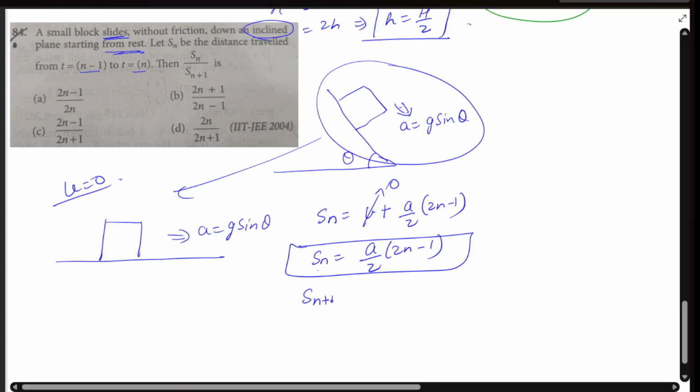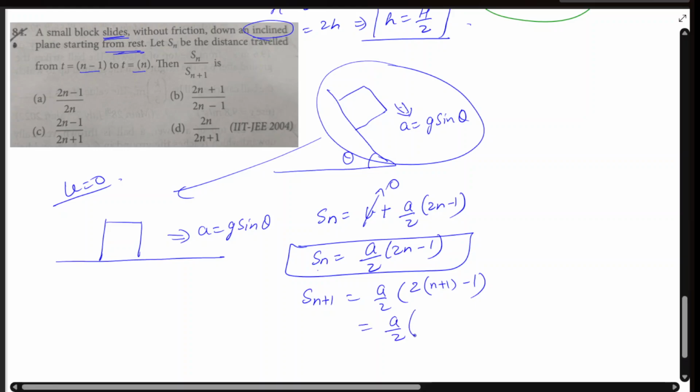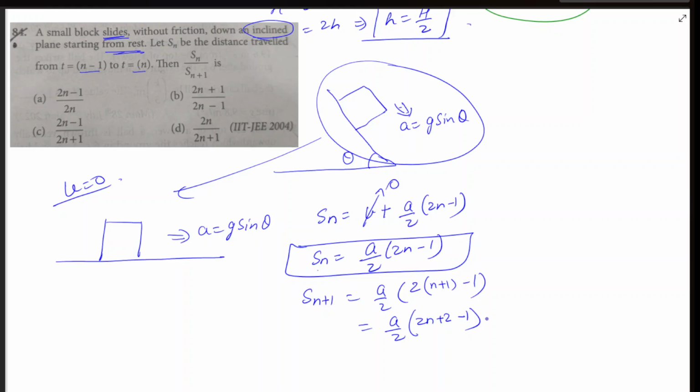Now this is Sn. I need to find Sn plus 1, so a by 2 into 2. I replace n with n plus 1, so n plus 1 minus 1. So a divided by 2, into (2n plus 2 minus 1), right? We'll get this. 2 minus 1 will be 1. So the answer will be a divided by 2 into (2n plus 1). This is Sn plus 1, right? We need to find the ratio of Sn and Sn plus 1.